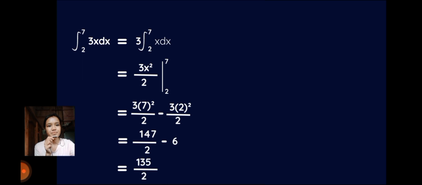So after that, subtract na to. So 147 over 2 minus 6. The answer is 135 over 2. So the definite integral of 3x dx from 2 to 7 is 135 over 2.